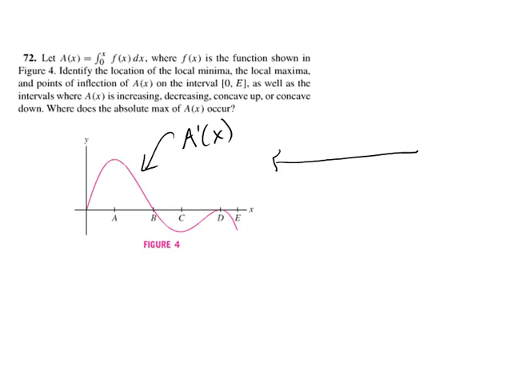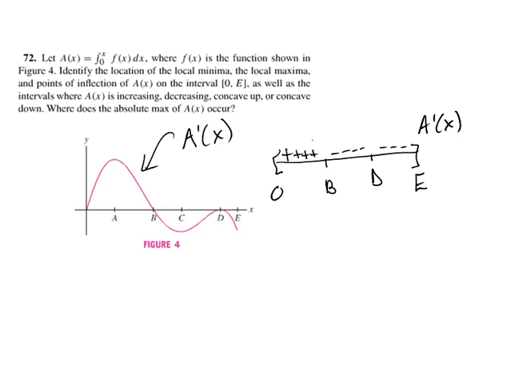So we're going to look at this on the interval from 0 to e. And we're going to think about, of course, first where A prime of x is equal to 0, because that's going to be possible critical numbers. So we have that at b and then at d. All right, now notice from a to b, or from 0 to b, the function is positive, and then from b to d, it's negative, and then it's negative again at e.